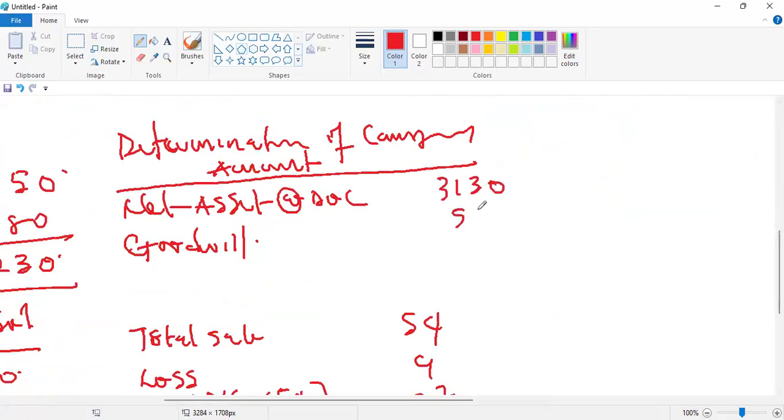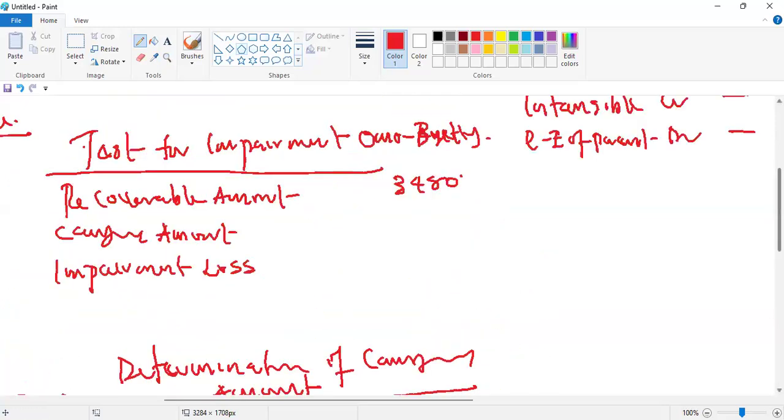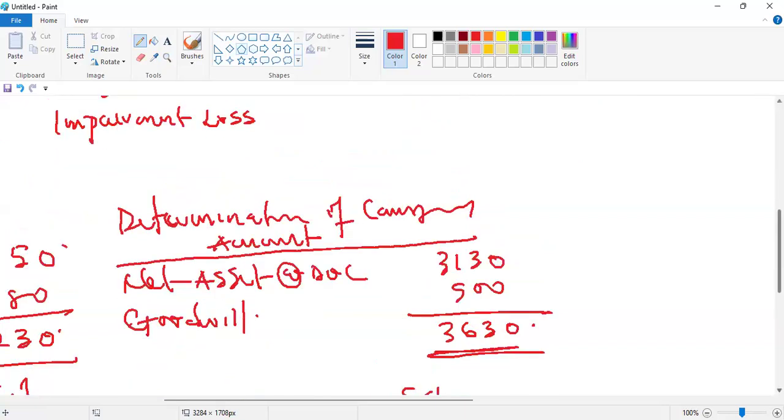Plus the goodwill is 500. 3630. This is what I will now compare. If the goodwill is at fair value, I will add. If it is not at fair value, you must gross up. We are still coming to that. Wednesday, you will see that. 3630.